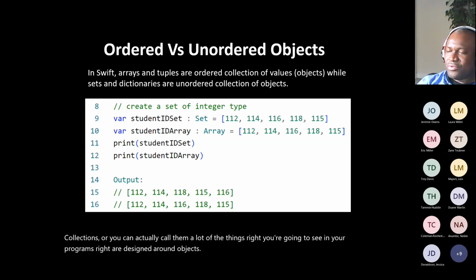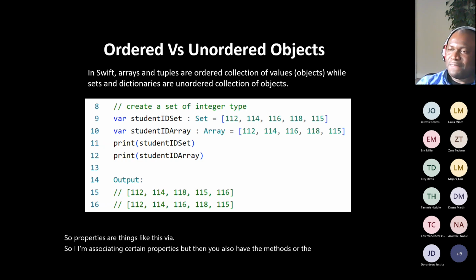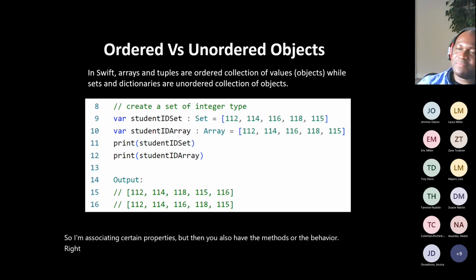Eventually we're going to talk about properties, and then we're going to talk about attributes. So properties are things like this, var. So I'm associating certain properties, but then you also have the methods or the behavior. So most objects have properties and behaviors.